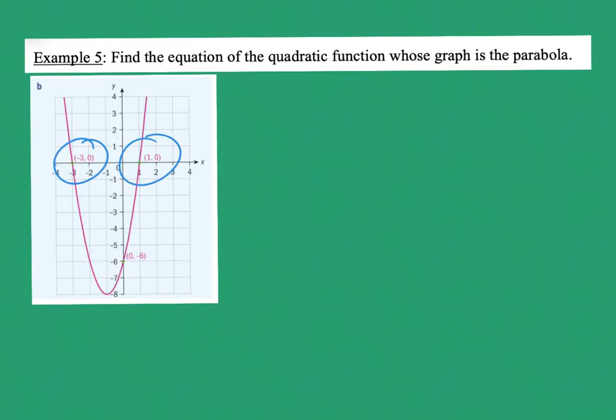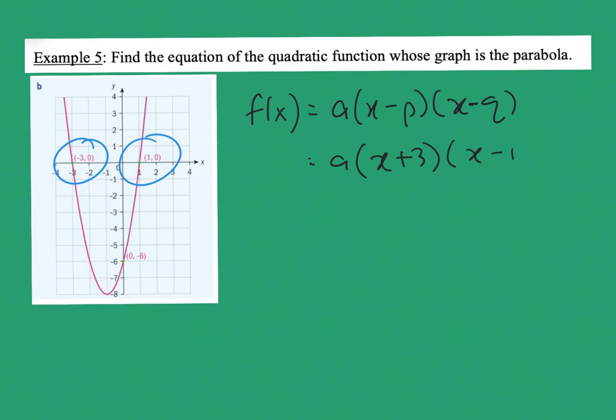So we can write f of x is equal to a times (x minus p) times (x minus q). This is the intercept form. And I know that negative 3 is one of the points, so I write it as (x plus 3) and then (x minus 1).